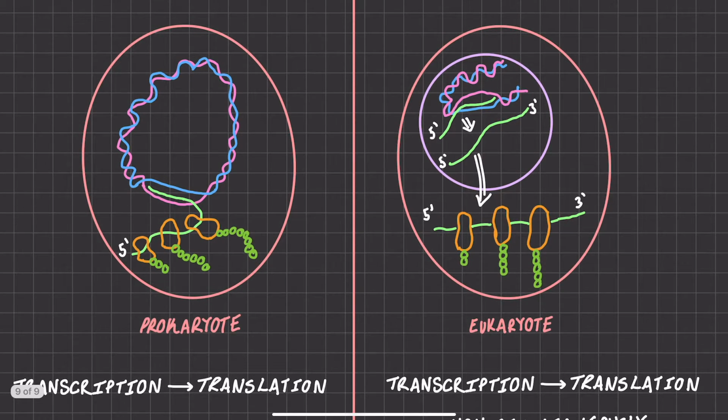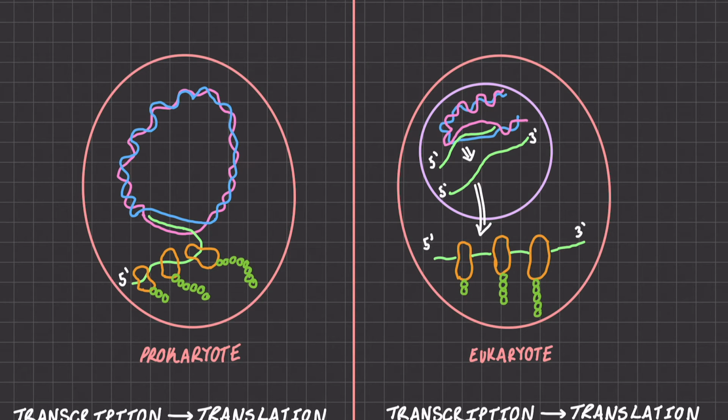Another thing I wanted to mention is to take note of the prime ends. So when the mRNA is transcribed, it always leaves with the 5' end. So you can often see just mRNA hanging off the side once it's being transcribed.